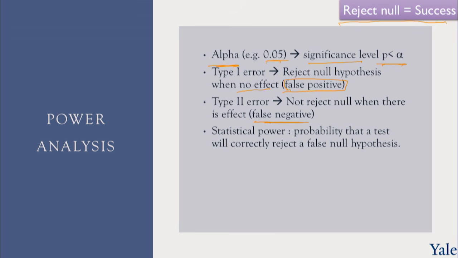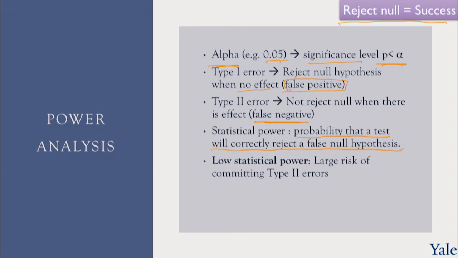Statistical power, which is the root of power analysis, is the probability that a test will correctly reject a false null hypothesis. So in the real world, the drug works, and statistical power is the probability that we will be able to say that the drug worked, given the measurements we're able to obtain.